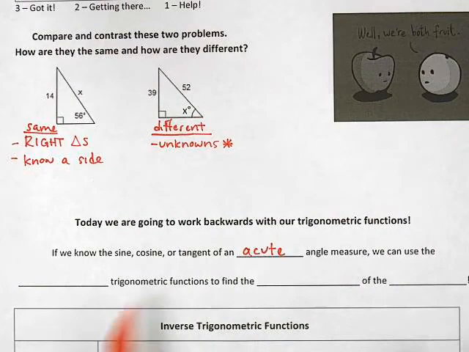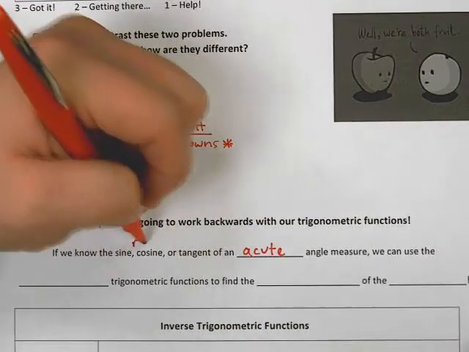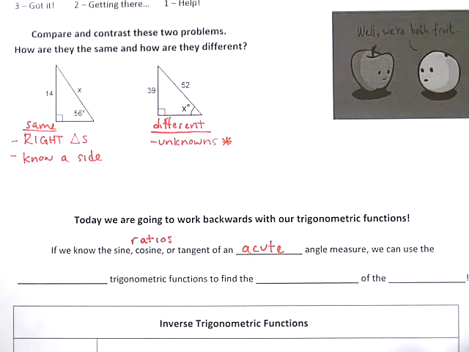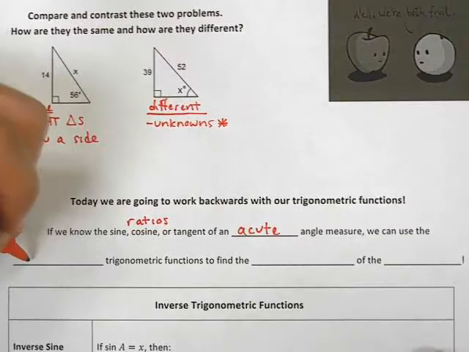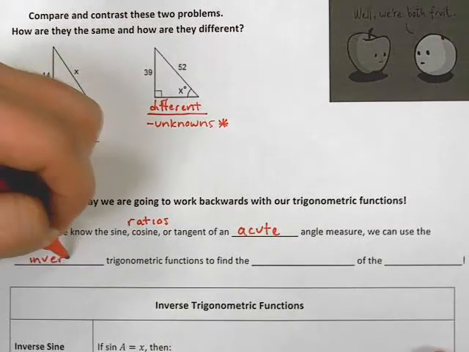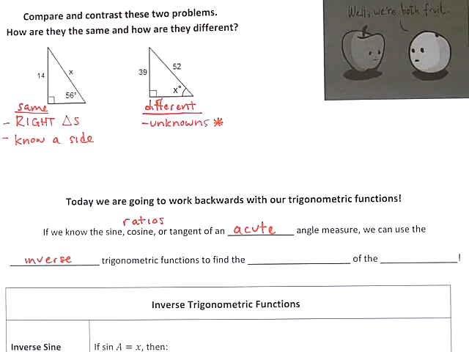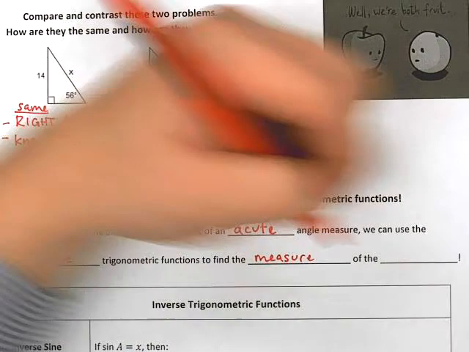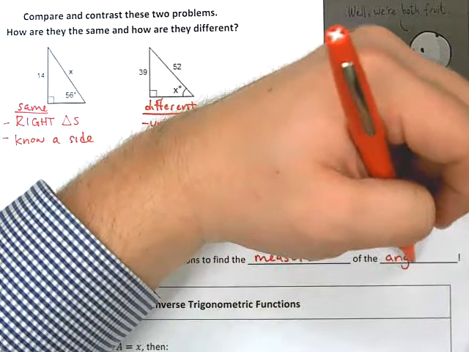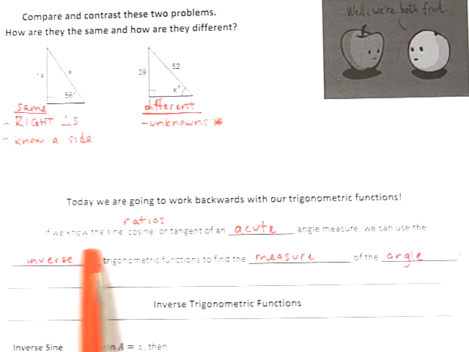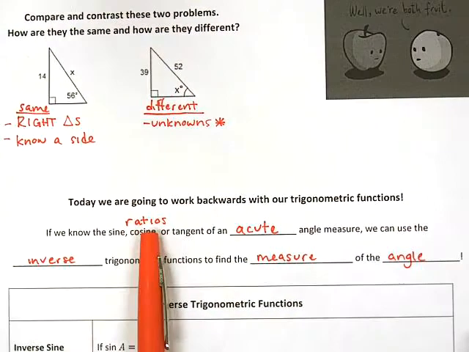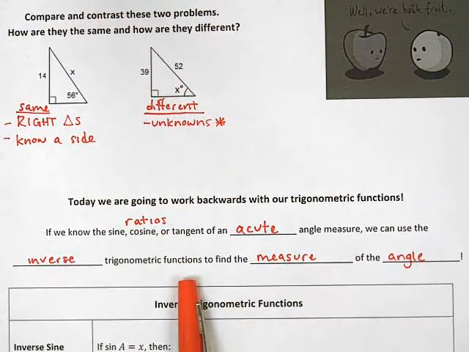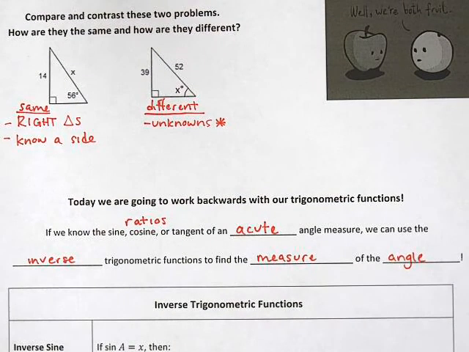If we know the sine, cosine, or tangent, so if we know the ratio, we can use the inverse trig functions to find the measure of the angle. So again, if we give you the ratio instead of the angle, we have to use inverse trig functions to get the measure of that angle.